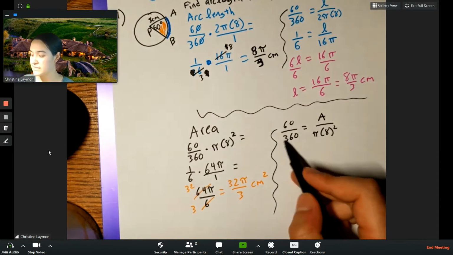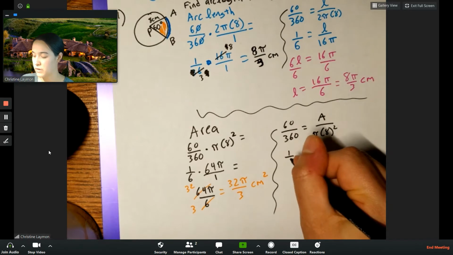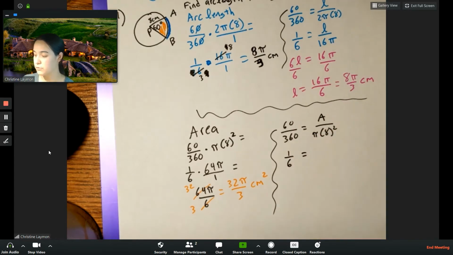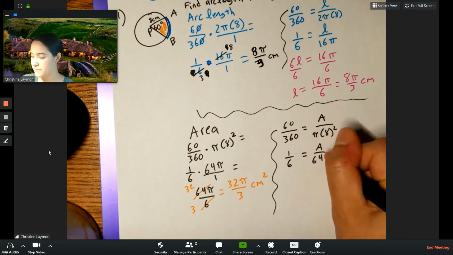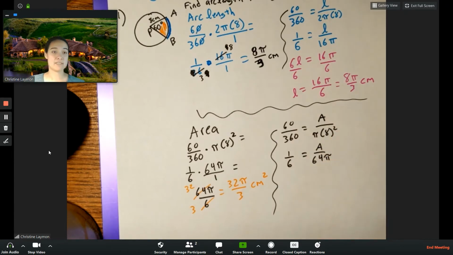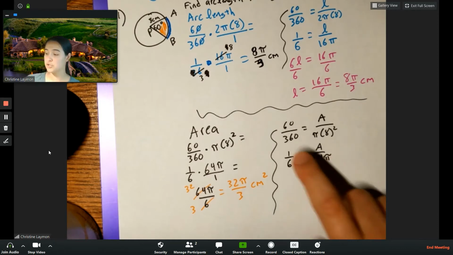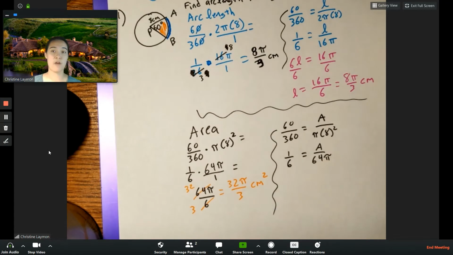Remember that 60 over 360, that's just 1/6, equals A over 64 pi. Now again, at this step, you can go ahead and cross multiply, or you can recognize that if I simply multiply this to the other side, I'll have the fraction that I'm looking for. Same answer in the end, it's up to you how you solve it.